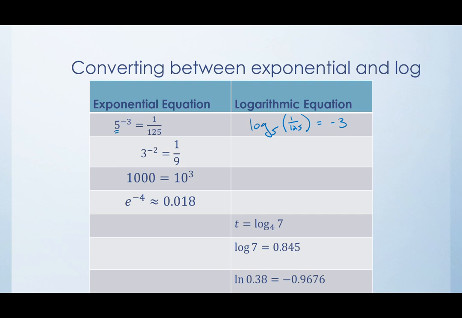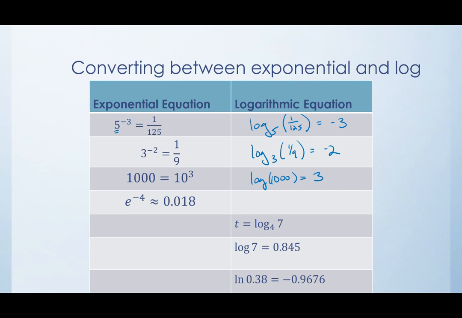Same story on the next one. We're going to say, okay, log base 3 of 1/9. So the output here is our exponent, right? We can say log base 10 of 1,000 equals 3, right?